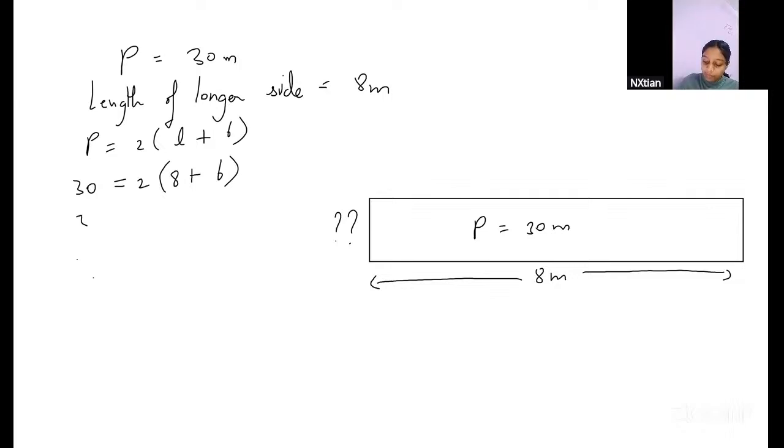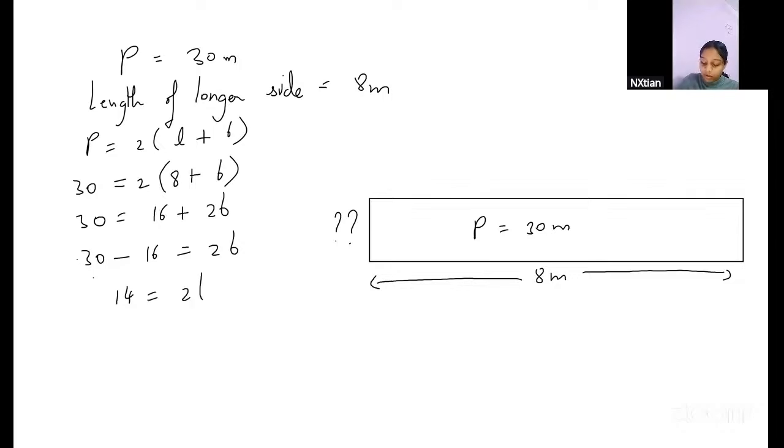Now multiply 2 with 8 and b. So 30 equals 8 into 2, 16, plus 2b. Now take 16 to the other side, so it becomes 30 minus 16 equals 2b. 30 minus 16 is 14. 14 equals 2b.